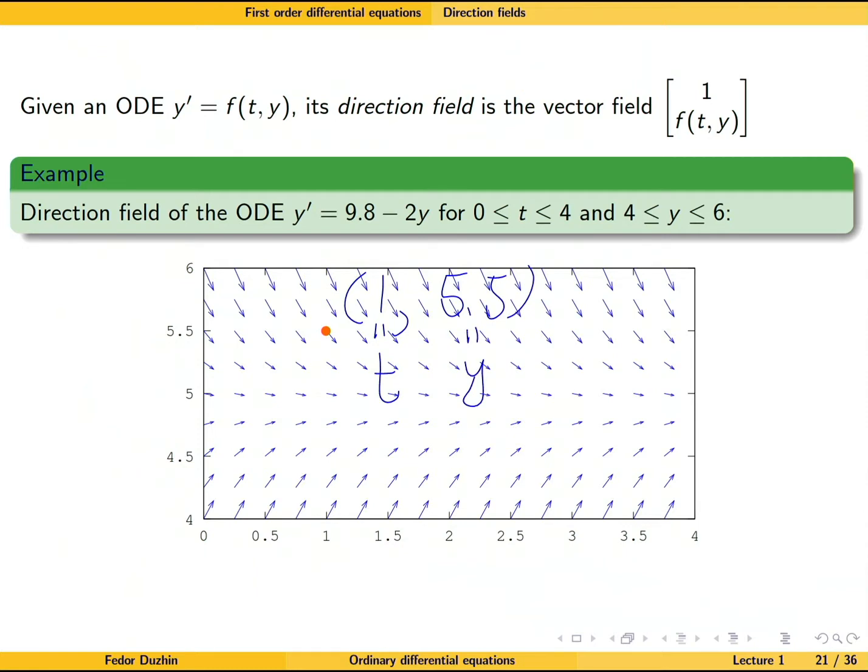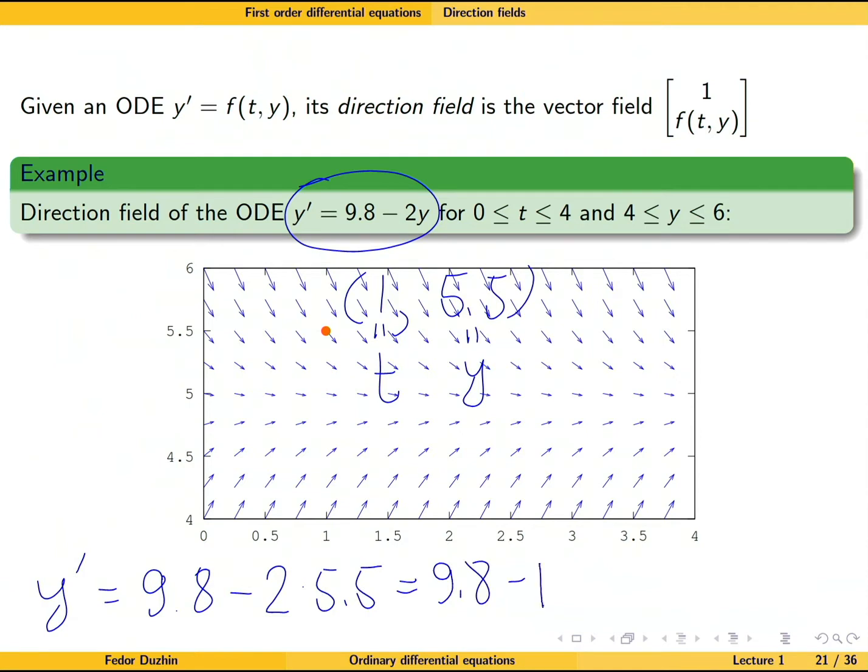So it means that at this point, according to our differential equation, y prime must be equal to 9.8 minus 2 times 5.5, which is 9.8 minus 11, which is minus 1.2.